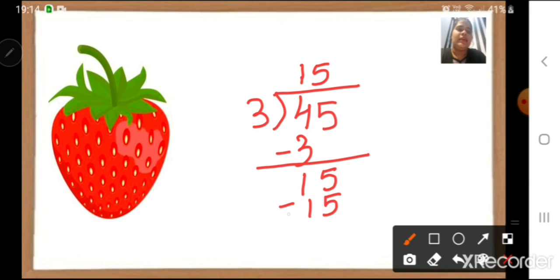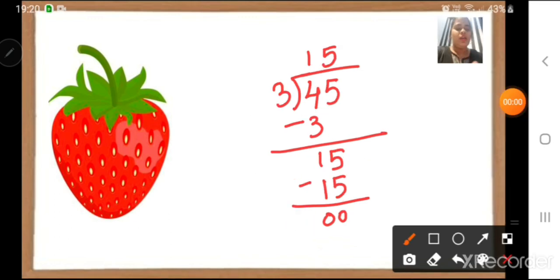Put your minus sign and then subtract. 5 minus 5 is 0. 1 minus 1 is 0. So children, we can say that Shreya, her mother and father each got 15 strawberries. Right? We have got our quotient as 15. So each of them got 15 strawberries.